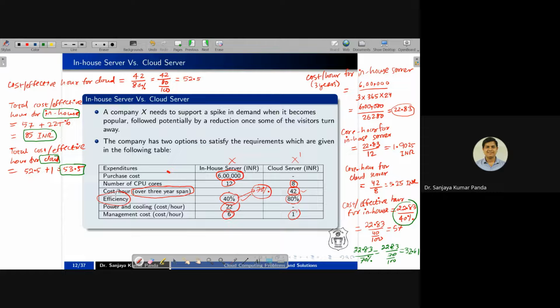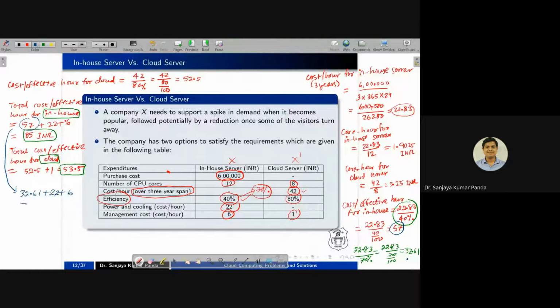If I ask you to calculate total cost per effective hour, earlier you added 57 plus 22 plus 6, because you got 57 here. Now you have to add 32.61. So the calculation is 32.61 plus 22 plus 6.